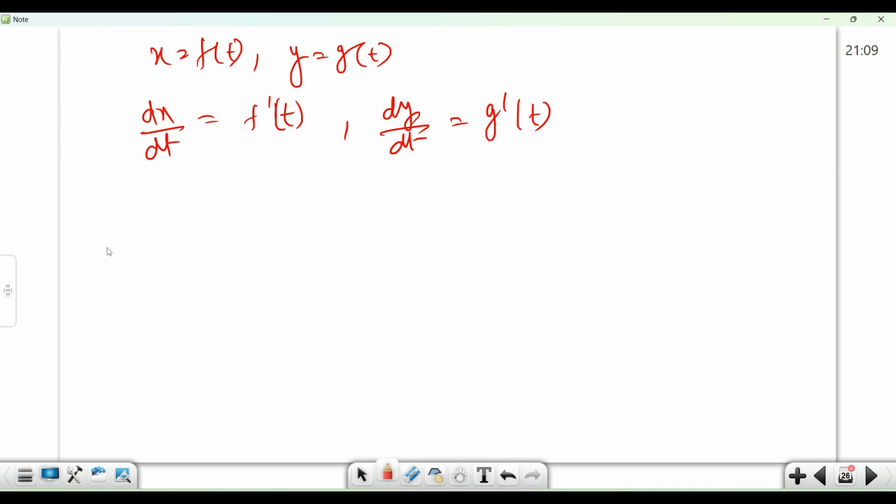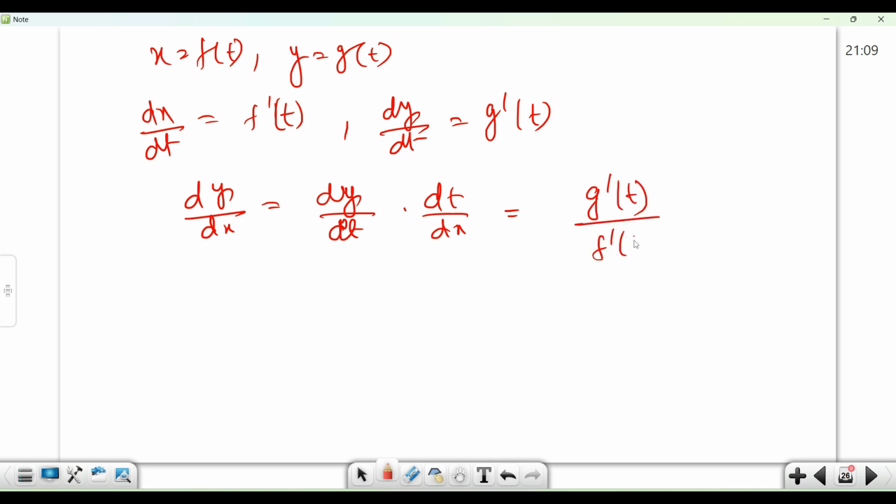Now dy by dx is equal to dy by dt into dt by dx. This is the differentiation of implicit functions. Now this is equal to g dash t divided by f dash t.